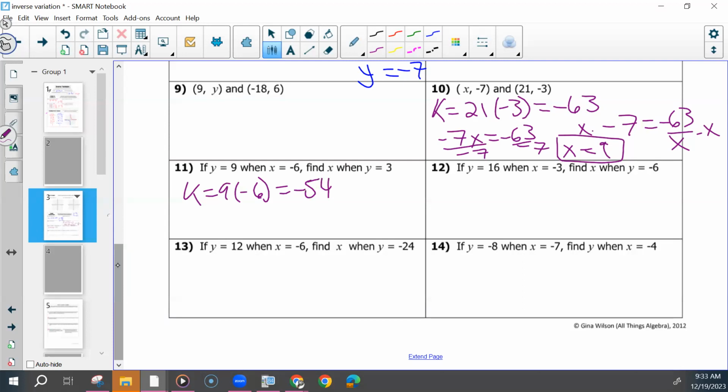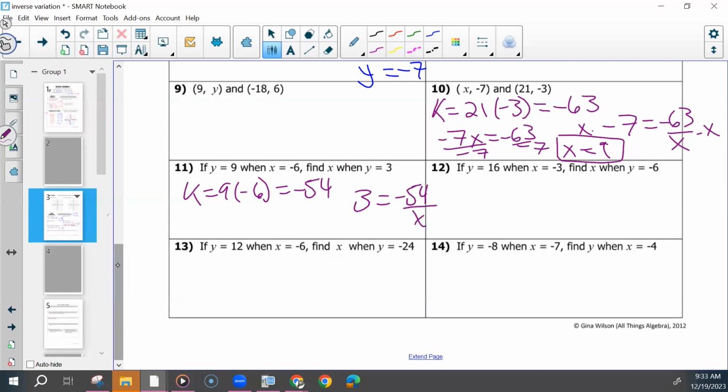And then to set up our equation in y equals k over x, what would that look like? Start off with y equals, what is our y? 3 equals -54 over x.